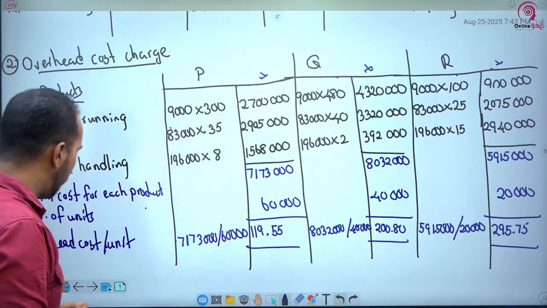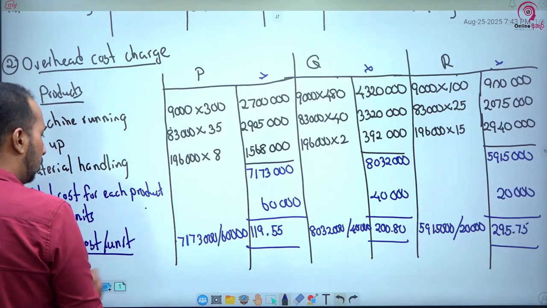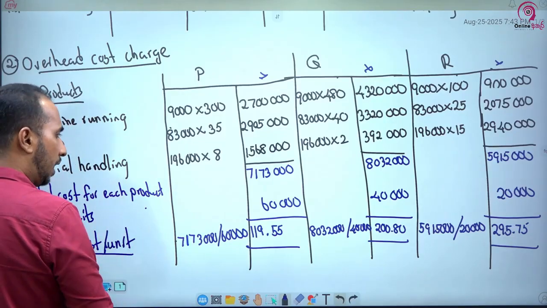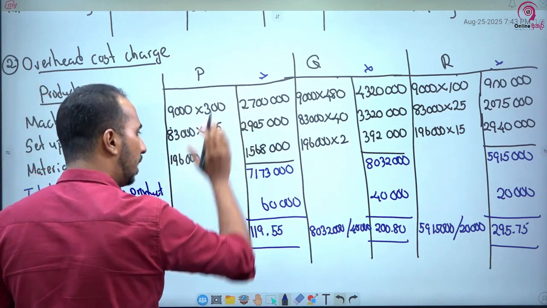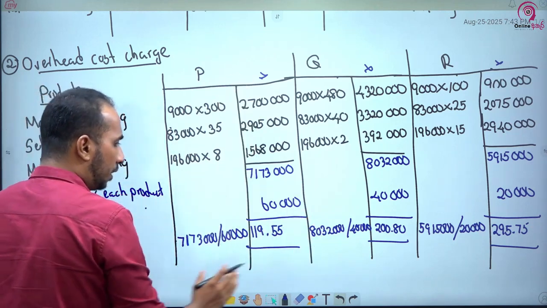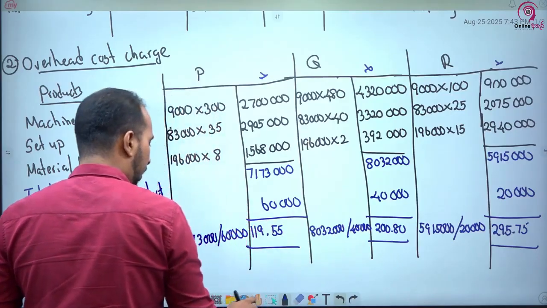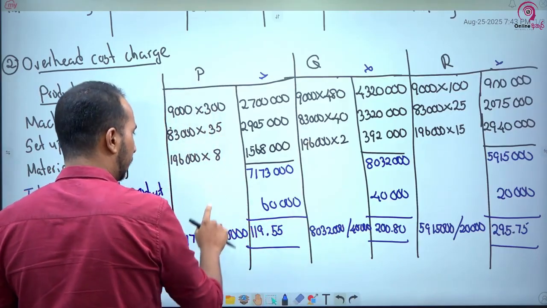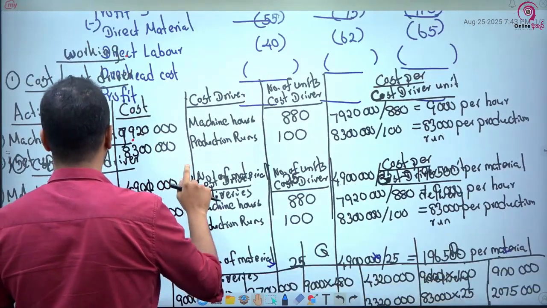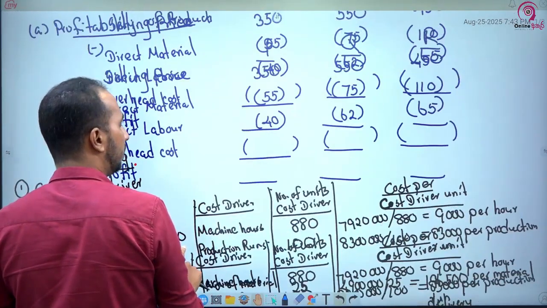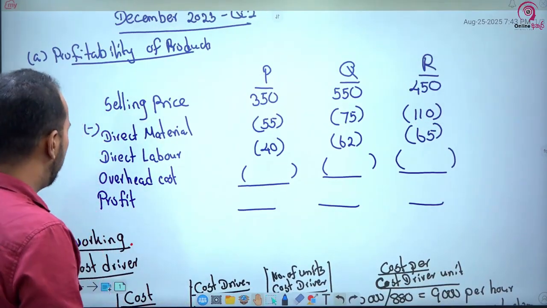What we wanted to find was the overhead cost per unit of each product. Now we have found that, so we have to substitute this answer into our original answer. So I will take you to our original answer so that I can substitute it there. Okay, this is the original answer.